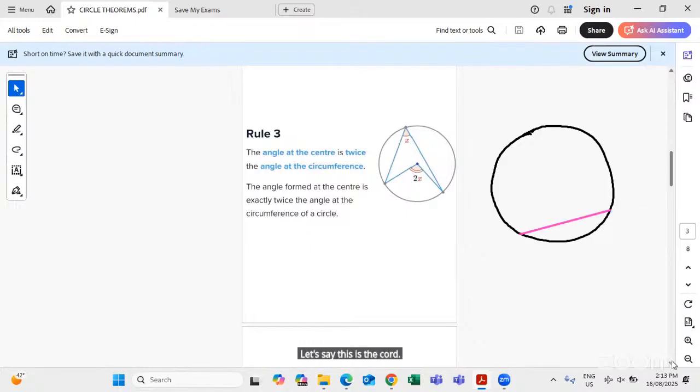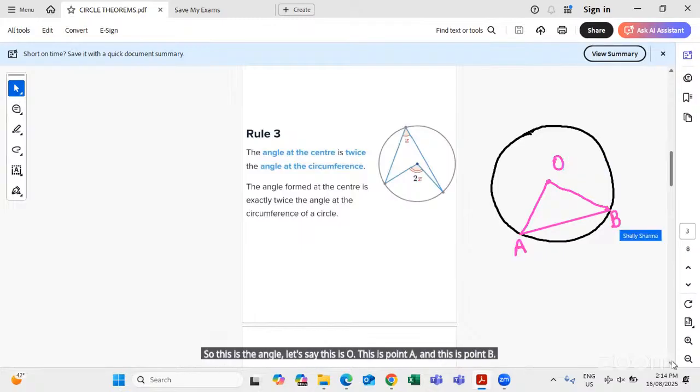Now this chord is going to make an angle at the center. So I take the angle at the center and join these two points. Let's say this is O, this is point A, and this is point B. This chord is making an angle at the center here.